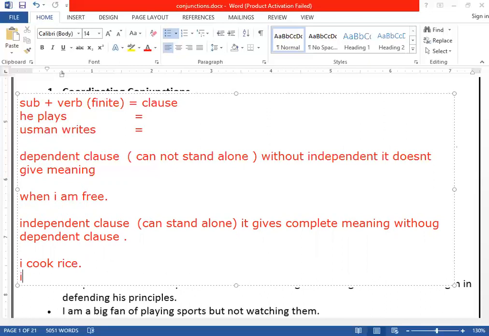How can I say it? I cook dinner when I'm free, for example. When an independent clause is combined with a dependent one, it gives meaning. So that's why you should know about dependent and independent clauses. I just gave it a slight touch, but for more detail, you can watch my complete video on clauses on my YouTube channel.